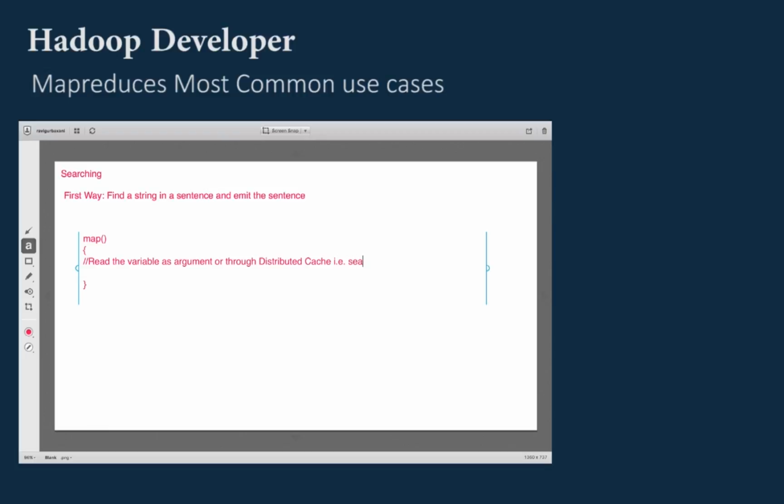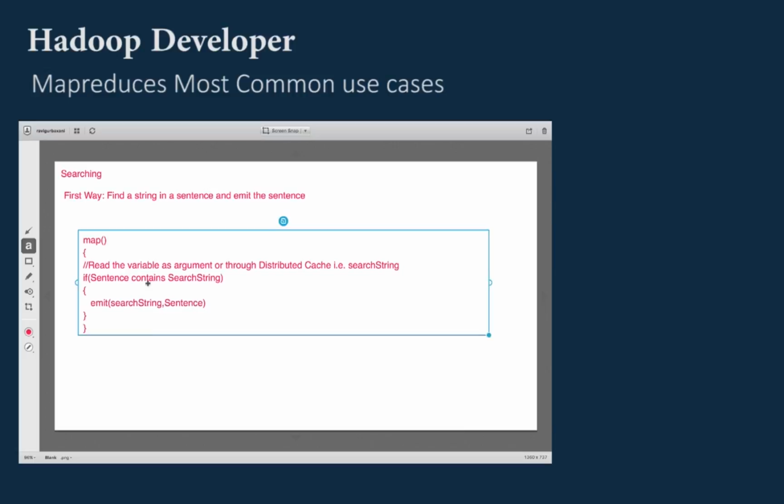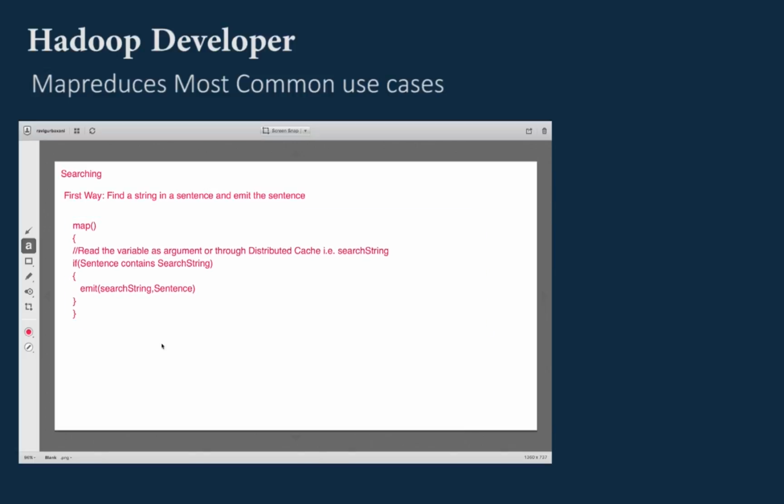That variable is nothing but the search string. And in this scenario, we may choose not to have a reducer at all.